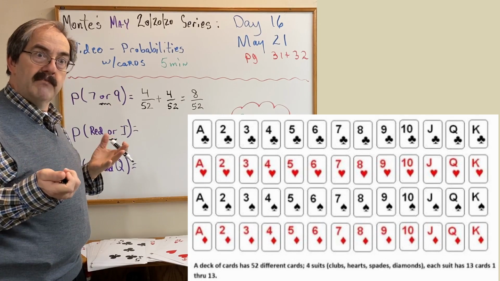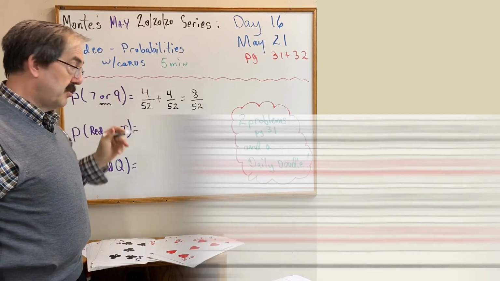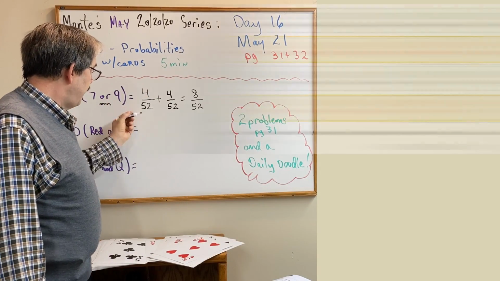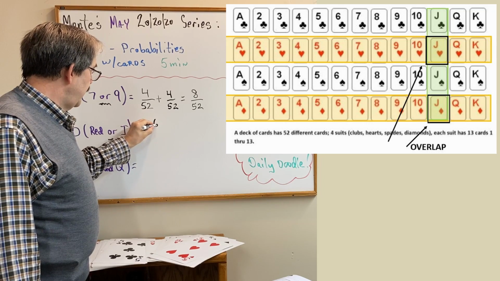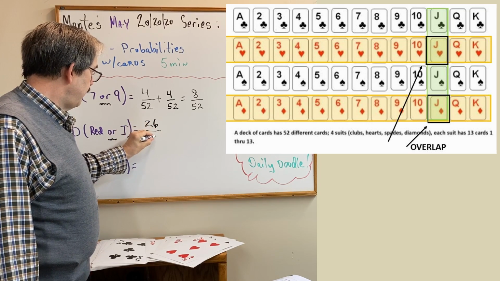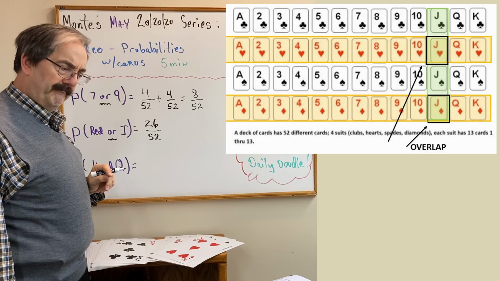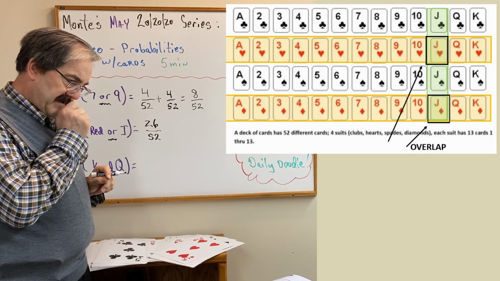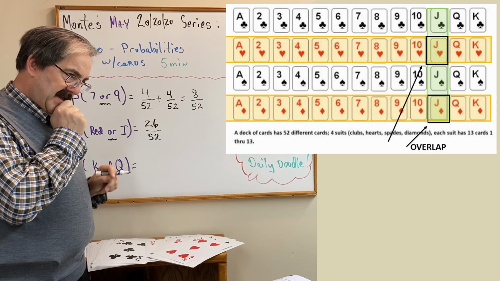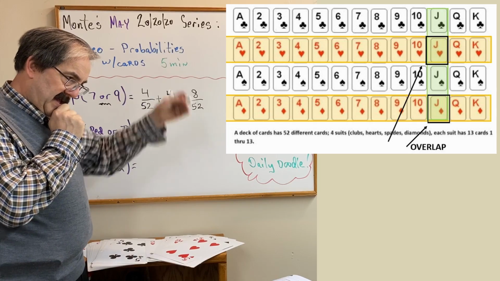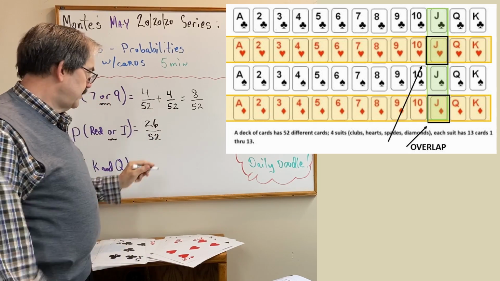Half the deck. 2 full rows are red. So half of 52, so 26 of 52 fit. How about the jack? 4 jacks.